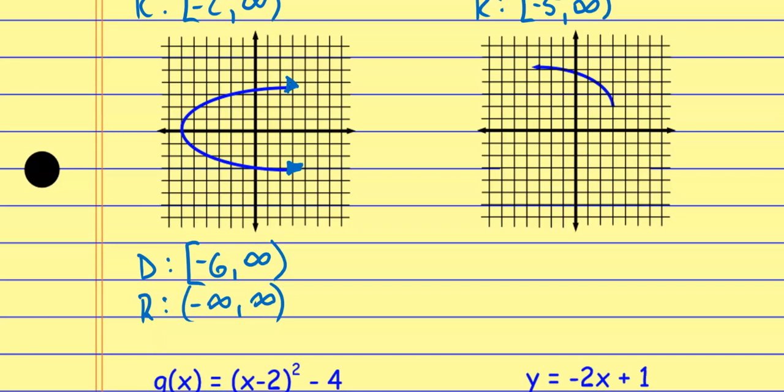If I look at the next one, this one kind of looks like half a sideways parabola. Looks like it starts here, and there's an arrow on this end. It's hard to see. But if we thought about this as half a sideways parabola, let's talk about the domain. Again, it doesn't go left and right necessarily forever. So I think about it and say, well, it does go to the left forever, okay? And if it goes to the left forever, I want to start at the smallest value.